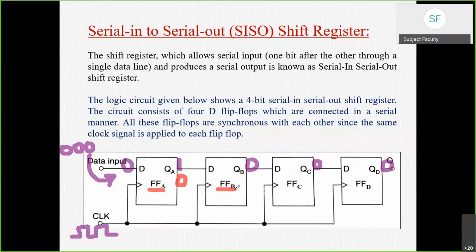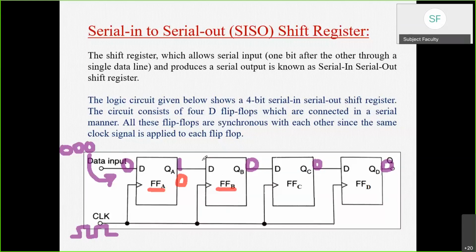Again I am repeating, these clock pulses are applied simultaneously, unlike a counter. In a counter, we applied them one by one. Our counter was said to be an asynchronous counter, but a shift register is a synchronous shift register.